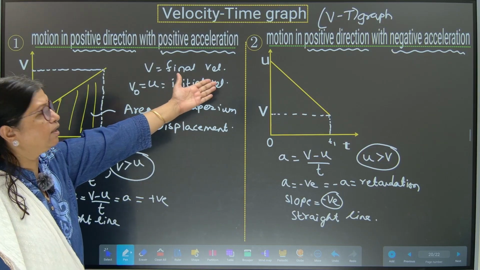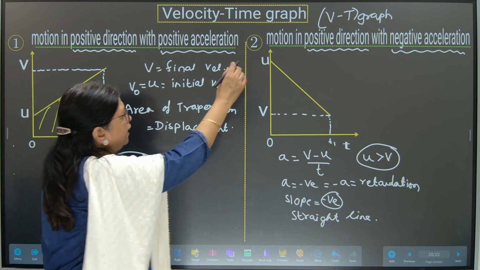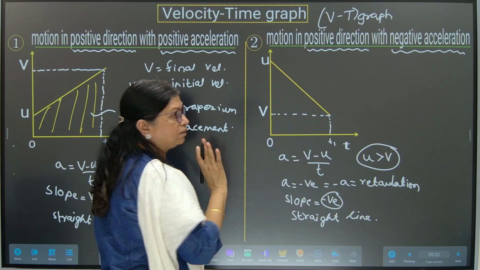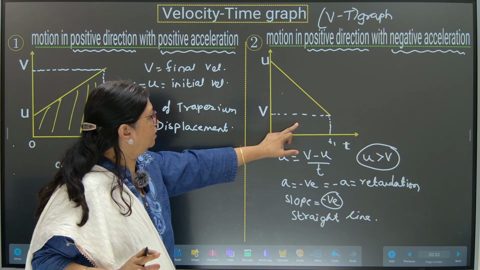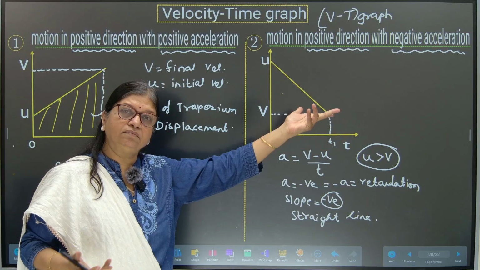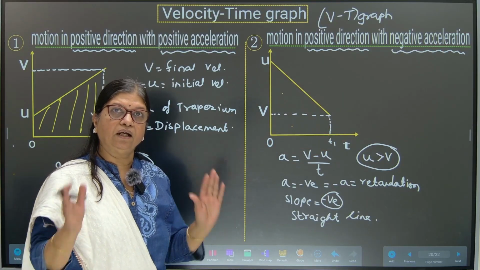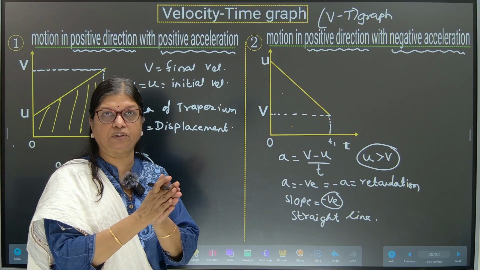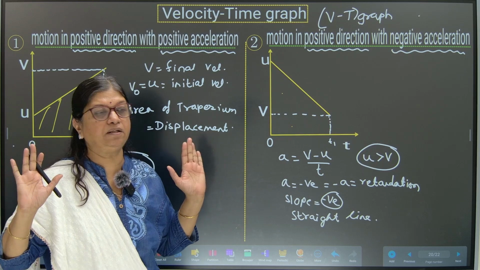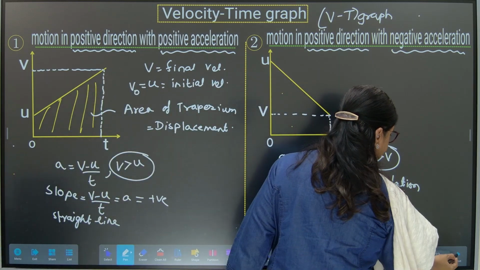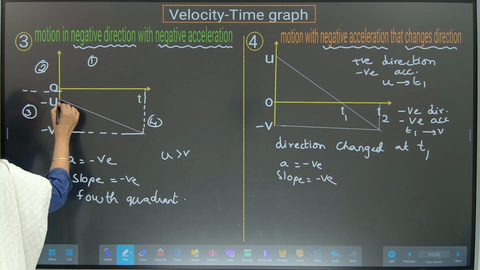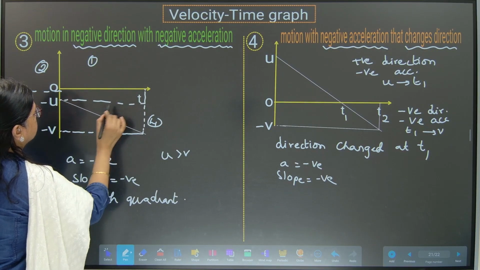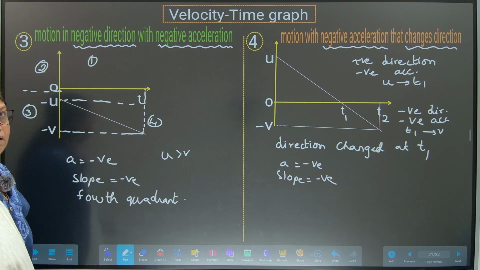Agreed? Same way here. This is my graph, so I have to calculate the area of this portion geometrically. You can see one triangle here, one rectangle here. Add those areas, and that addition of the areas with the values will give me the displacement. Go to this graph. Here, this much portion is also a triangle and a rectangle.